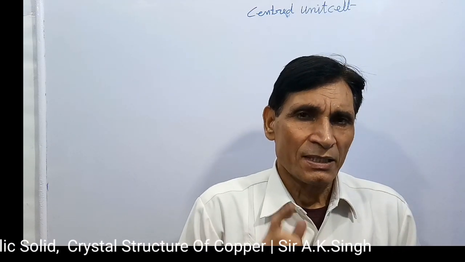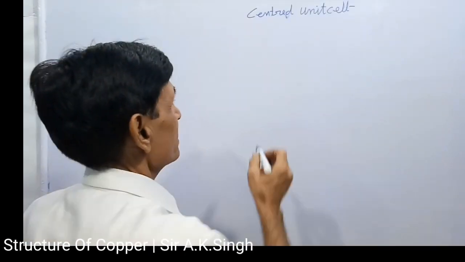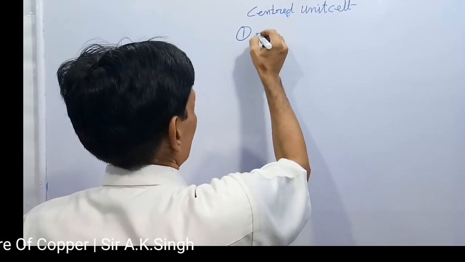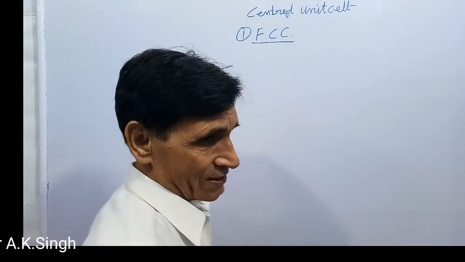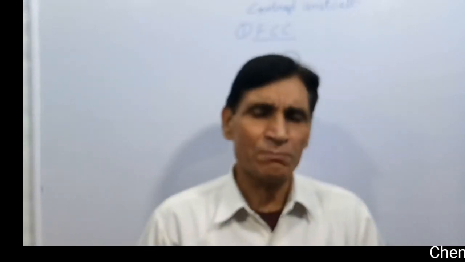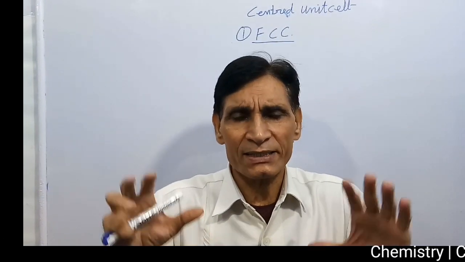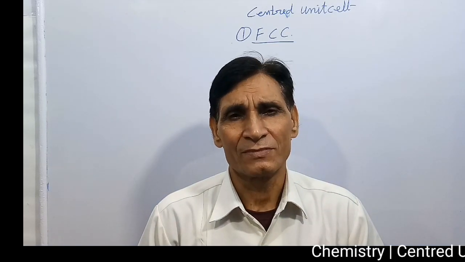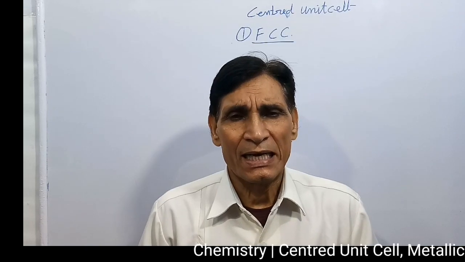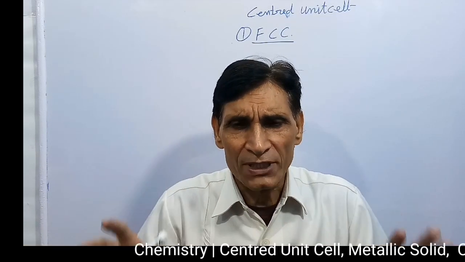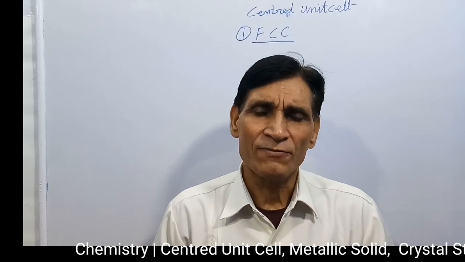Now let us see the types of centered unit cell. First, FCC unit cell, face centered unit cell. A unit cell in which the constituent particles are present at the corners and one particle is present at the center of each face is called a face centered unit cell.